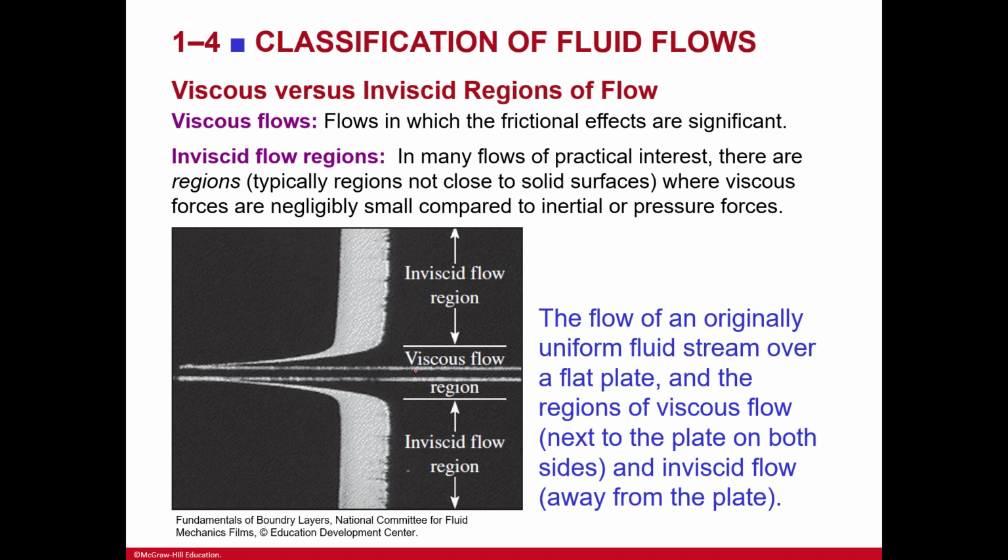In inviscid flow regions, in many flows of practical interest, there are regions, typically regions not close to the solid surface, in which viscous forces are negligible and small compared to the inertia and pressure forces. Okay, so you have viscous flow, that's going to be a lot of frictional areas.